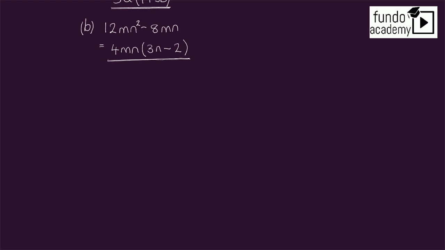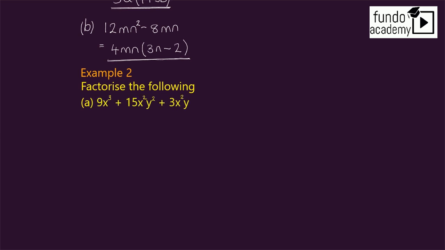Right, so for example 2, we want to factorize the following, starting with part A, where we have 9x cubed plus 15x squared y squared plus 3x squared y cubed, like that.